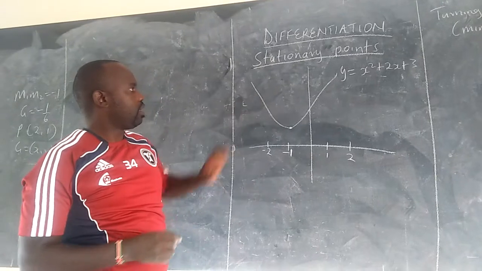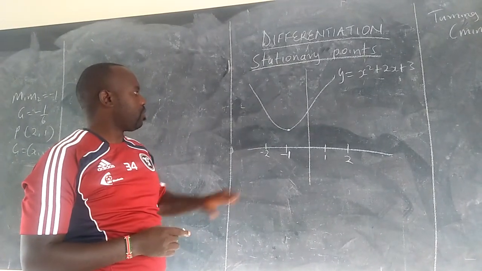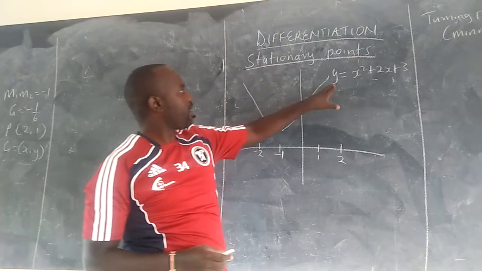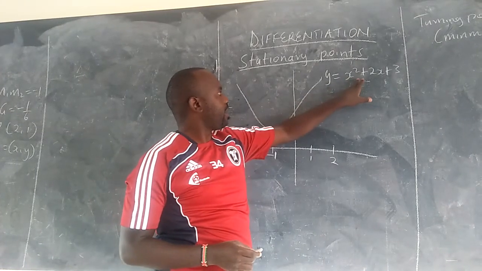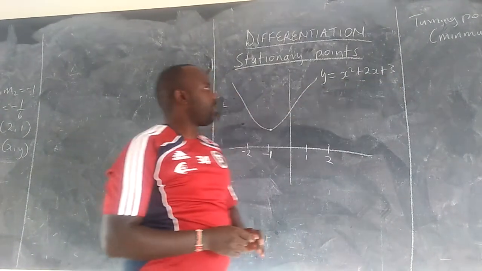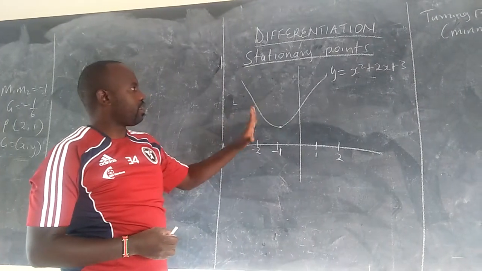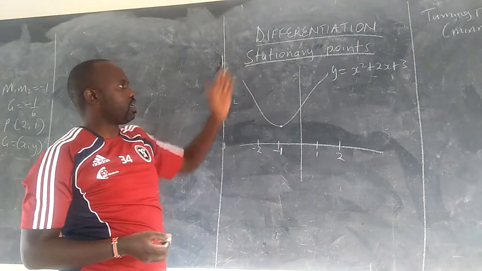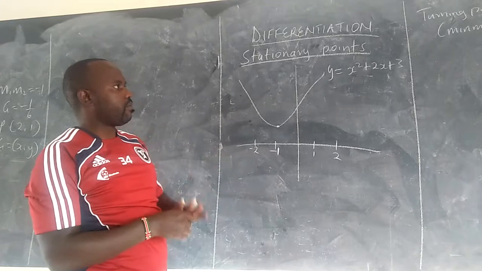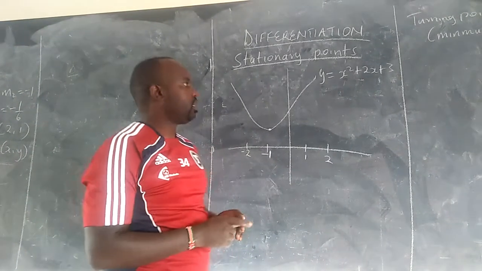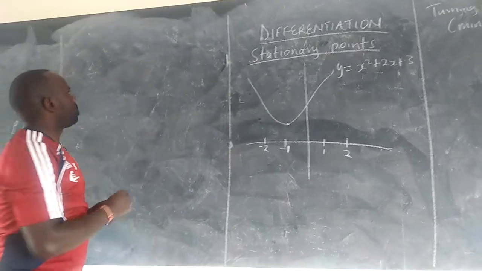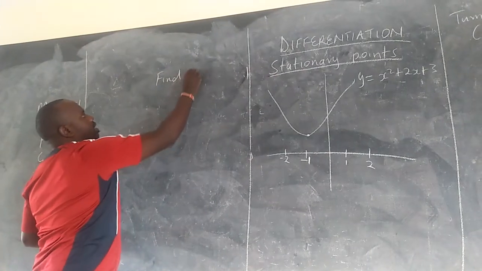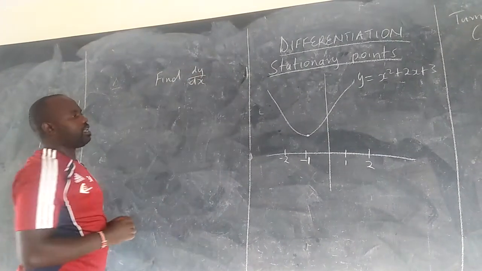So we shall start with the example on the board here, where we have a curve y equals x squared plus 2x plus 3. We are going to determine the nature of the turning point or the stationary point. Is it a minimum? Is it a maximum? Or is it a point of inflection? To determine this, the first thing you find is dy/dx, or the derivative.